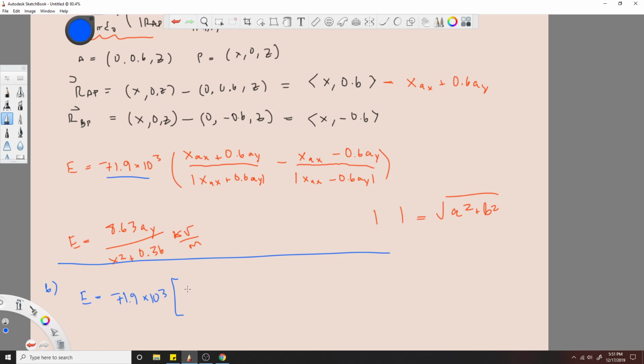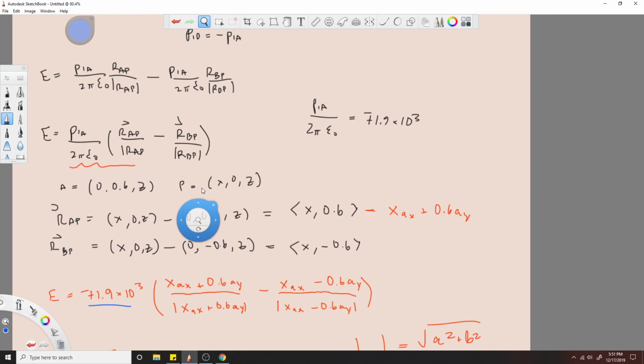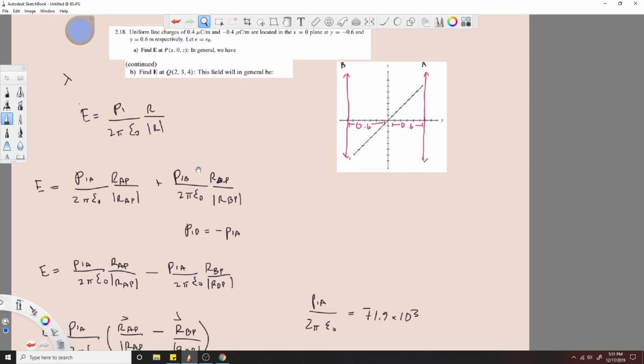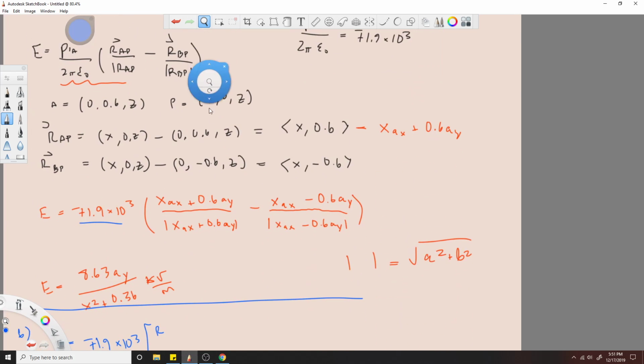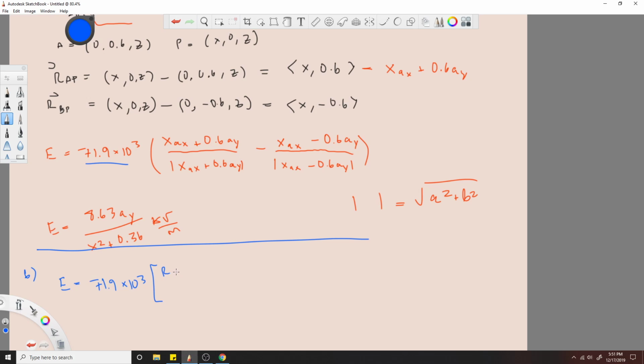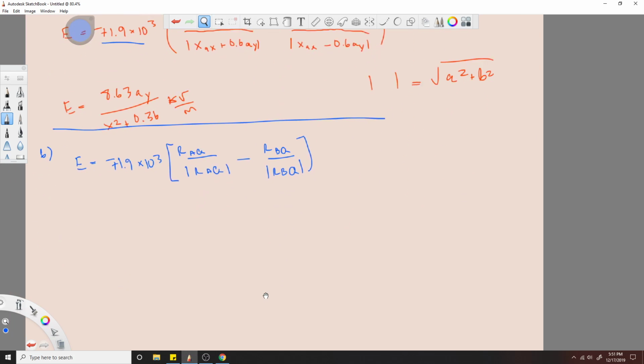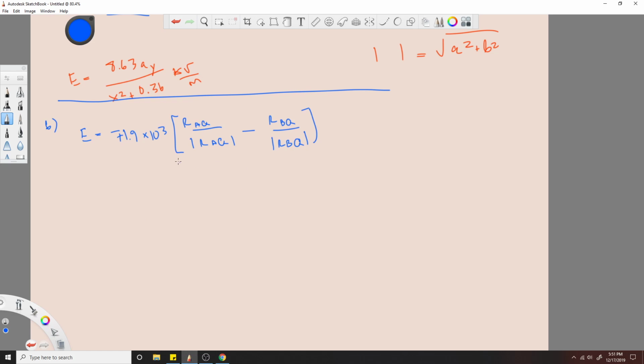And then you multiply that by R. What was the value they used here? Q. So it'd be RAQ over the magnitude of RAQ minus RBQ over the magnitude of RBQ. So now we just have to find RAQ and RBQ.